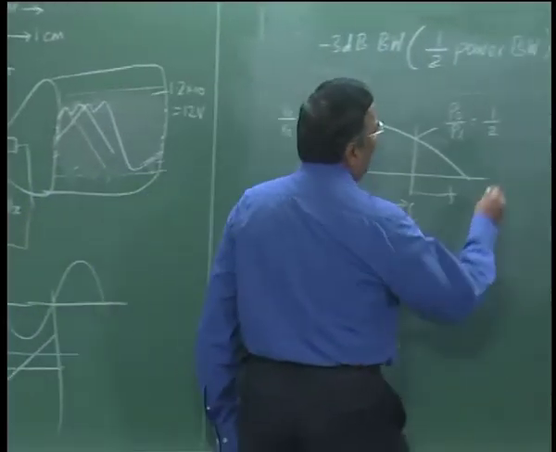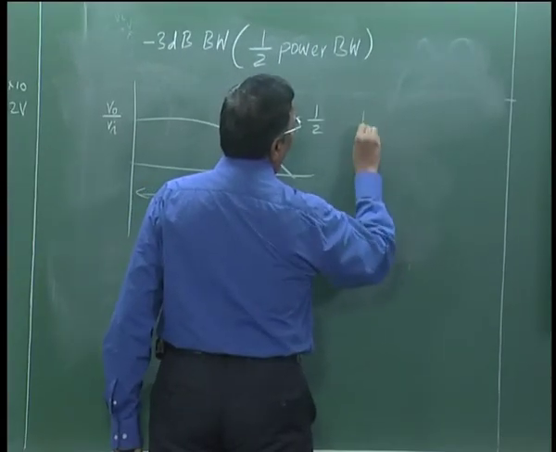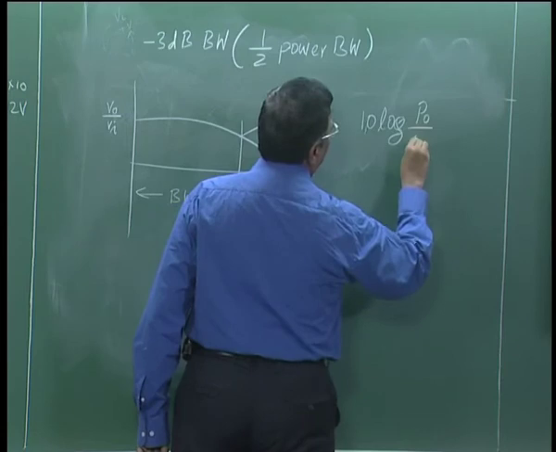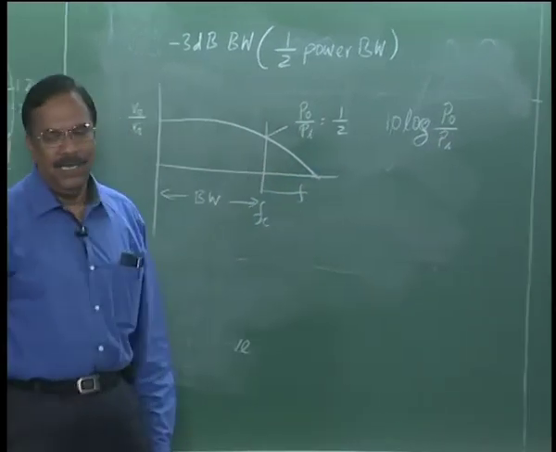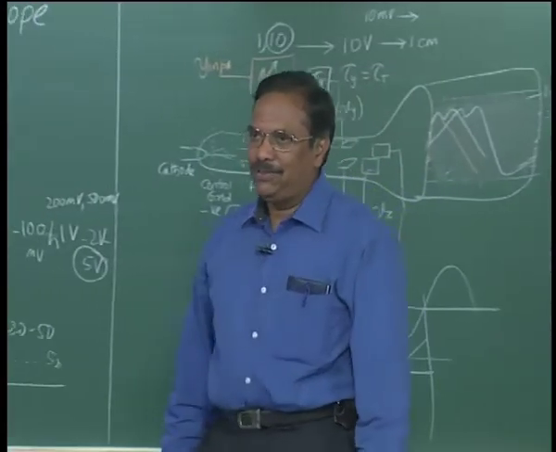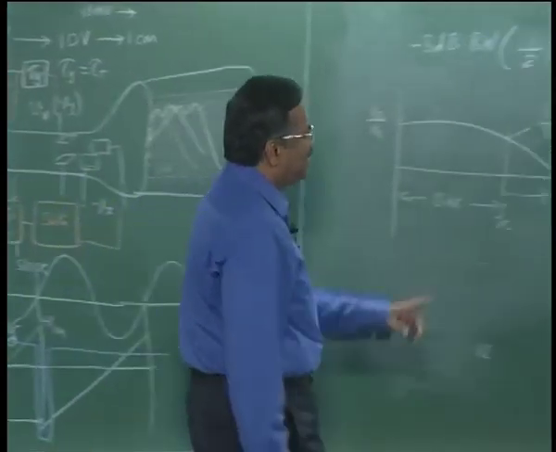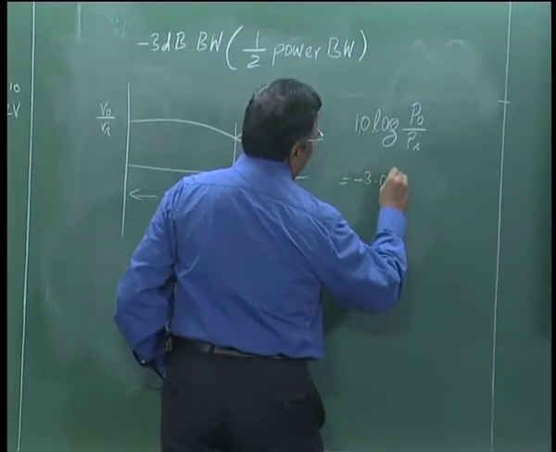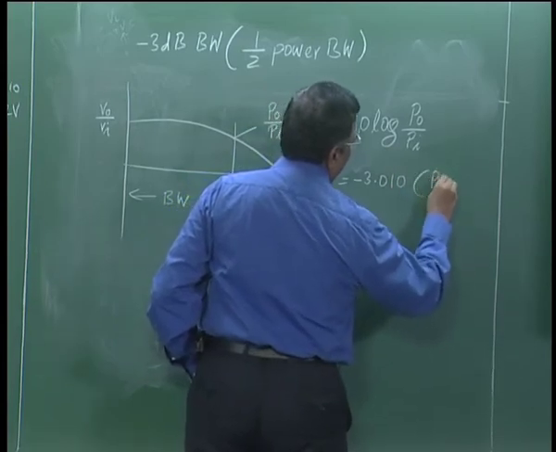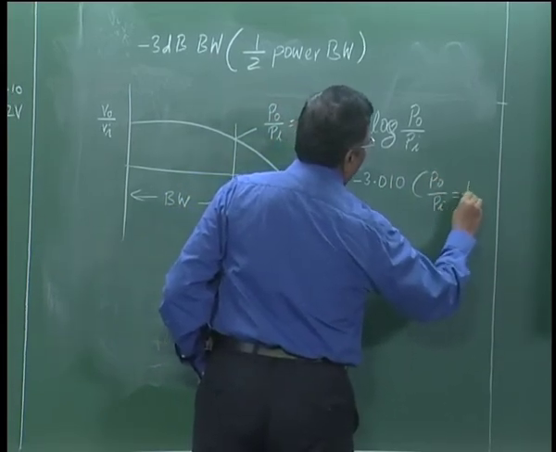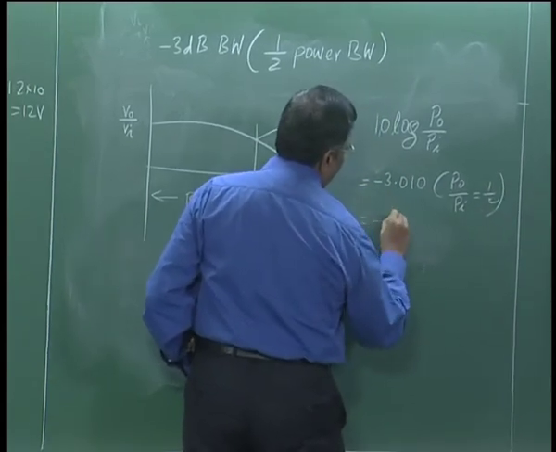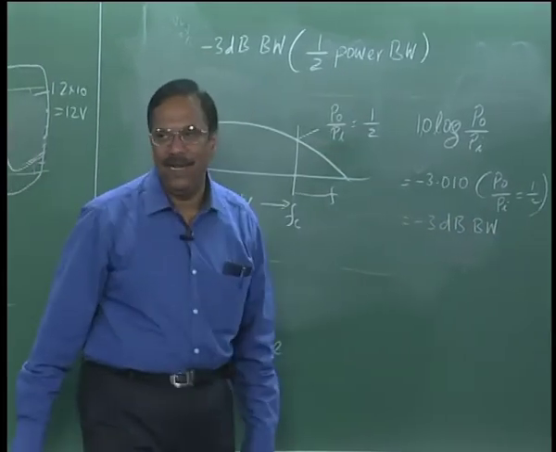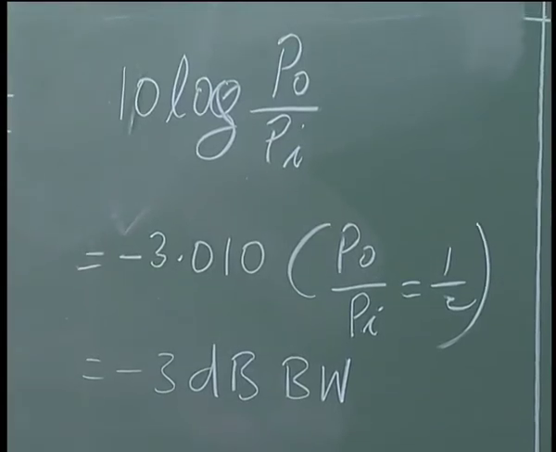So we have the power gain as 10 log P naught by P I, output power to input power ratio, and when P naught by P I is half, this works out to be minus 3.010 dB. So we also call this as minus 3 dB bandwidth. So minus 3 dB bandwidth or half power bandwidth are one and the same.